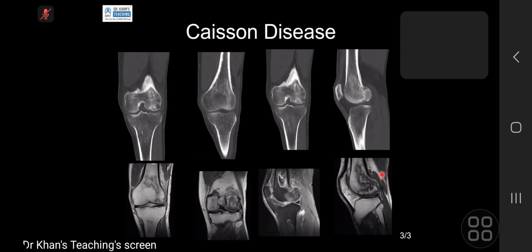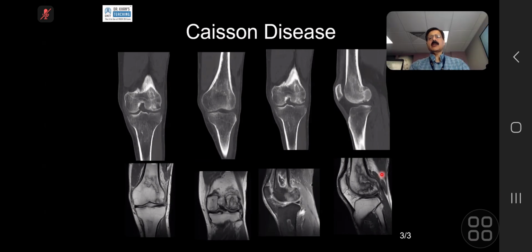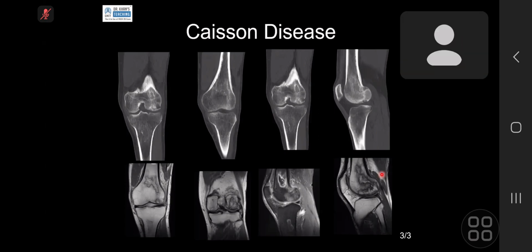If you decompress quickly, nitrogen is released from the bone marrow, goes into the vessels, and causes emboli, which cause these problems. So Caisson's disease should be part of your differential.